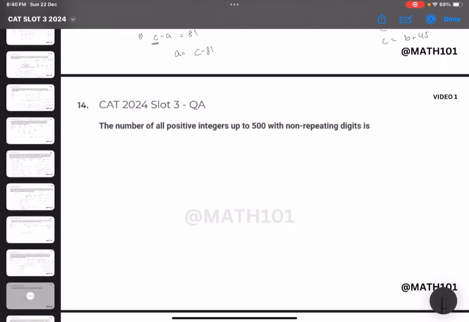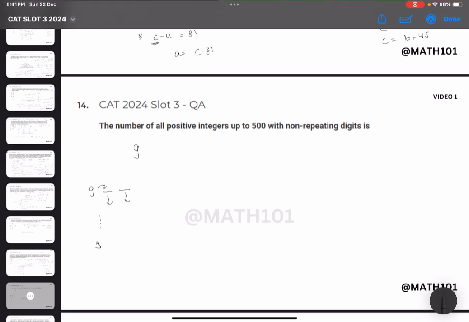The number of all positive integers up to 500 with non-repeating digits is. So the 9 one-digit numbers obviously would be included. In 2-digit numbers, the tens place can be taken by any number from 1 to 9, so there are 9 ways this can be filled.